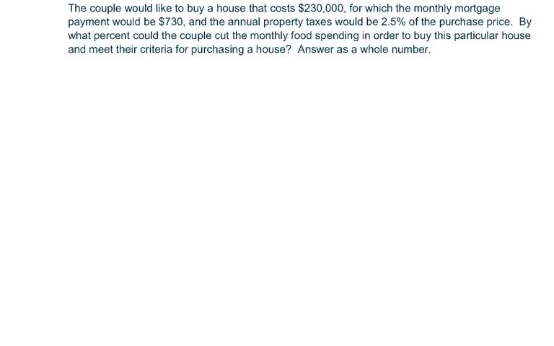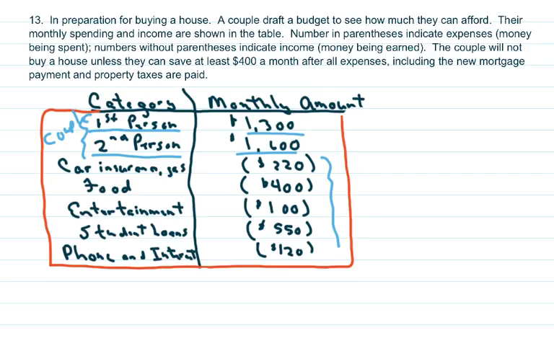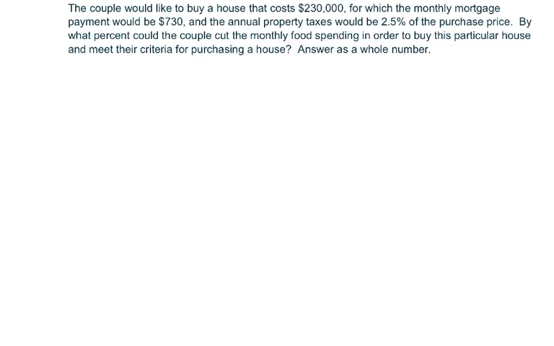The couple would like to buy a house that costs $2,300,000, and the monthly payment would be $730, and the annual property taxes would be 2.5% of the purchase price. By what percent could the couple cut the monthly food spending in order to buy this particular house? The food spending right here is $400. So we're going to follow any directions that are given.